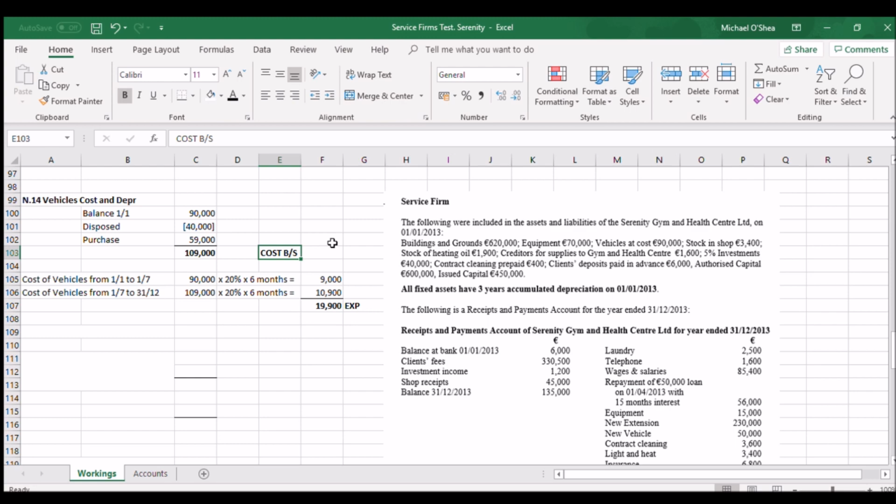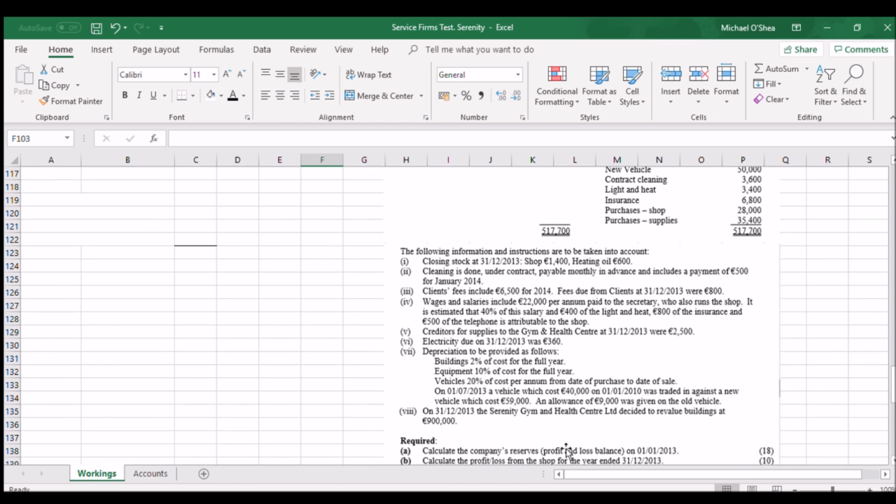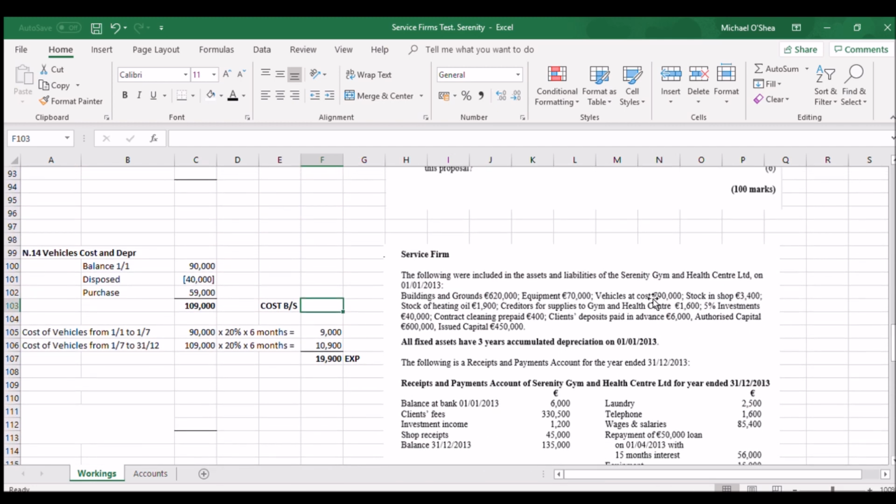That's the figure that we're going to use to calculate our depreciation. Now, we didn't buy that vehicle on the 1st of the 1st and sell the vehicle on the 1st of the 1st. We did that on the 1st of the 7th. So for the first 6 months of the year, this adjustment here didn't happen. For the first 6 months, all we had in vehicles was this, 90,000.